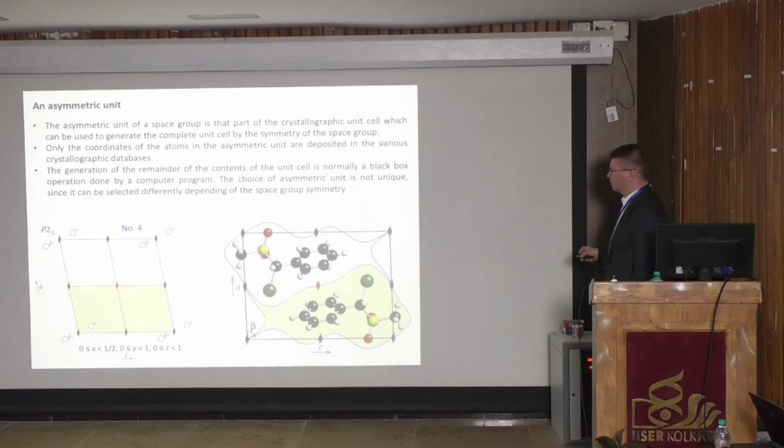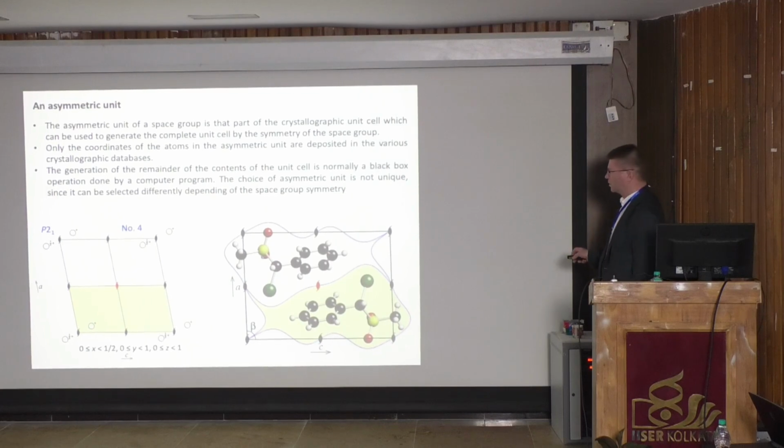There are only 2 molecules in the unit cell, so we have 2 coordinate sets, one for this and one for that. But because we know the symmetry operation, P21, we don't need the coordinates of this one. We need to know only this part. So we have to determine half of the unit cell.